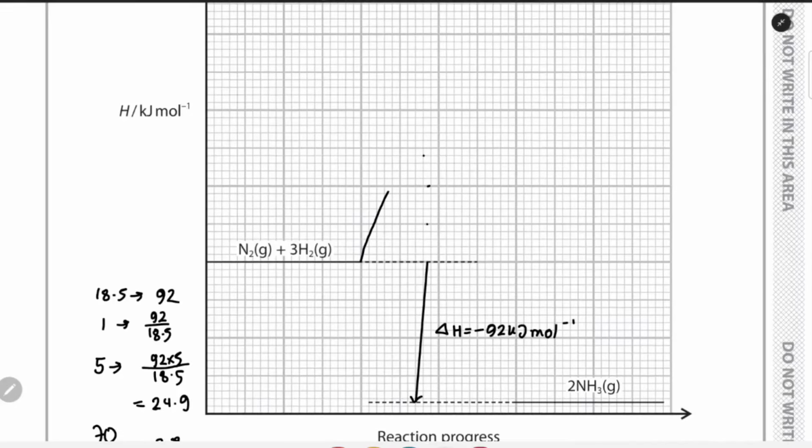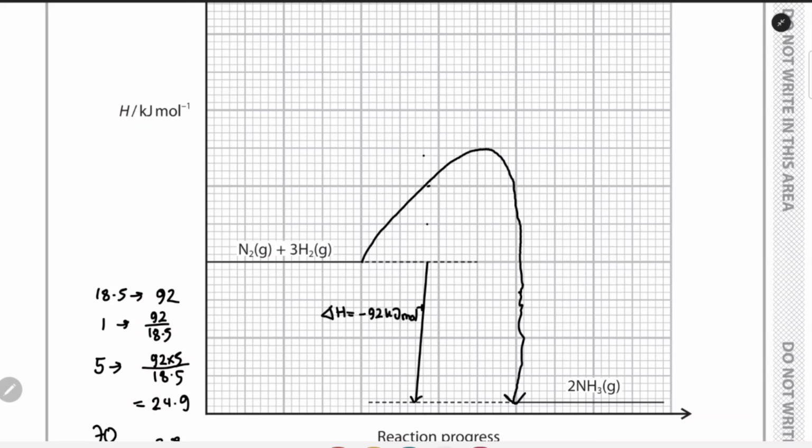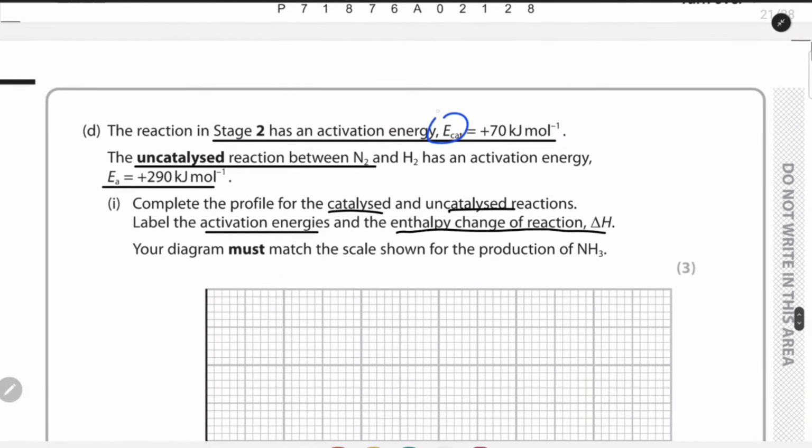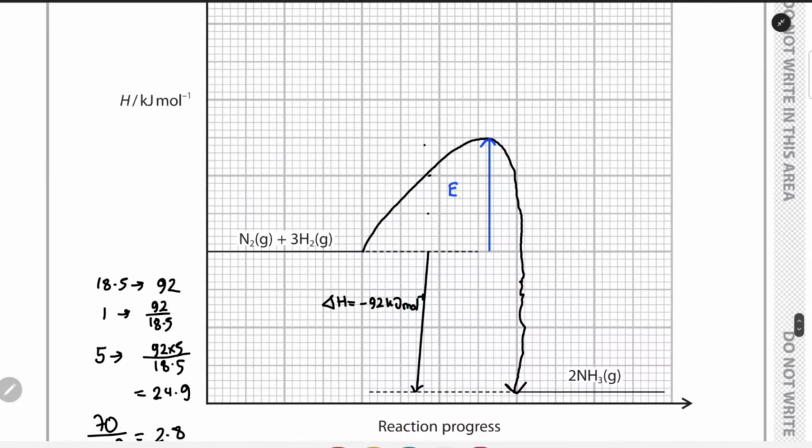So that will be the peak of the catalyzed reaction. The activation energy in this case would be this over here. So from the level of this reaction up to the peak, this is the activation energy when it's catalyzed. We are told that this is E cat.